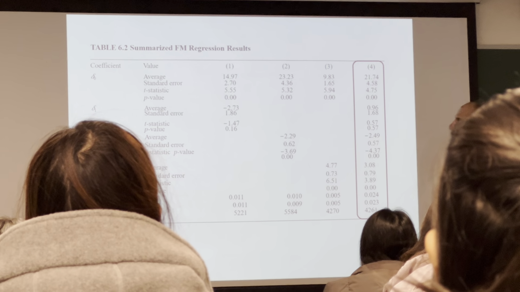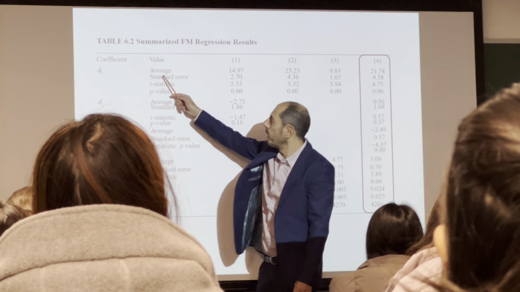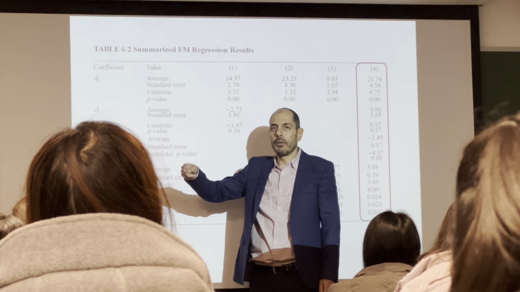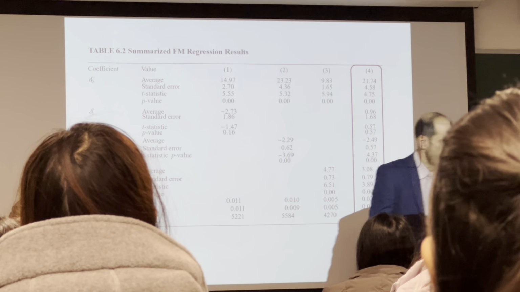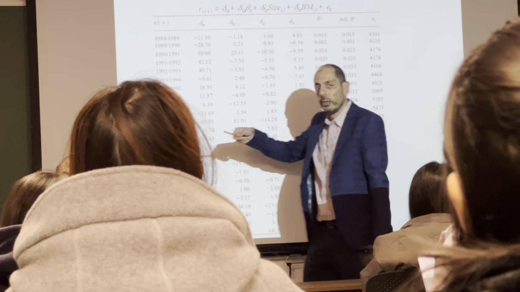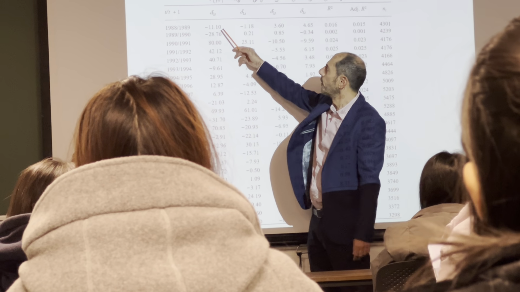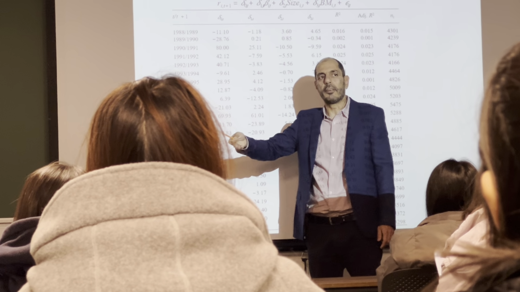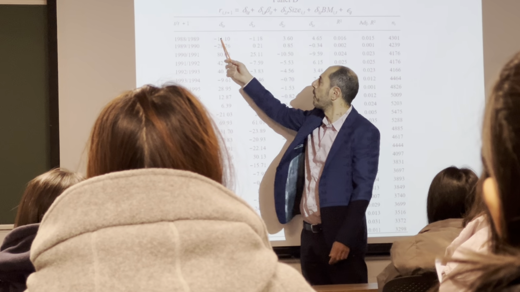I was saying that the standard error we see here is not the average standard error from these regressions. Why do I say this? Because yes, in every regression we can also get the standard error and the t-statistic for each coefficient.